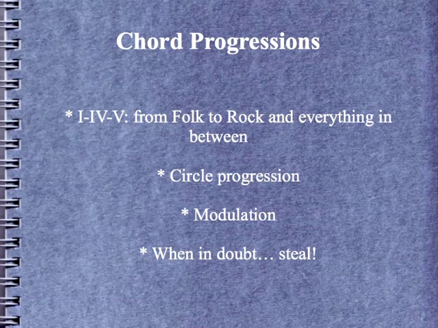Other types of chord progressions include the circle progression. This is more often a music theory tool, but people write songs based on the circle progression. Basically, you start on a particular key.